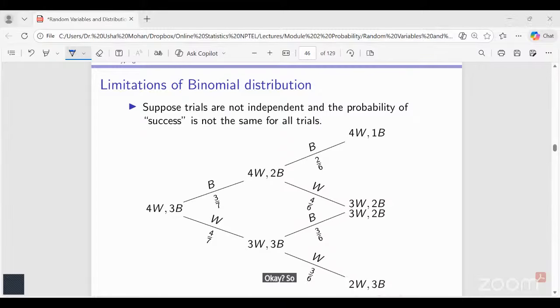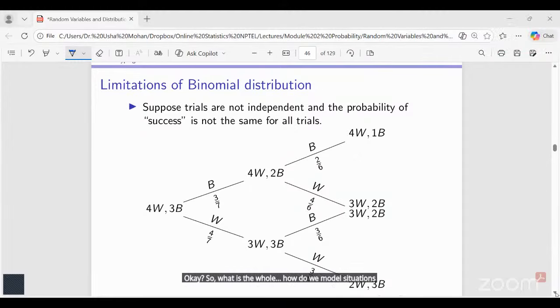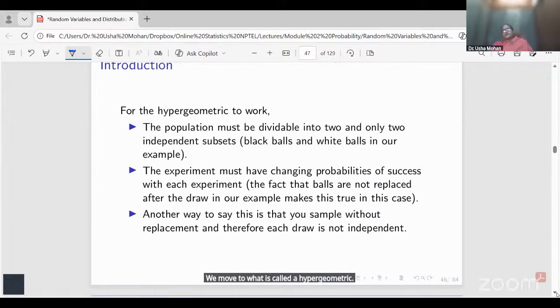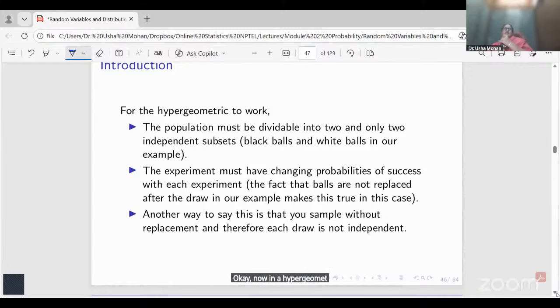Okay. So how do we model situations of this kind? We move to what is called a hypergeometric distribution. Now in a hypergeometric distribution, the population is again divided into 2 independent subsets.